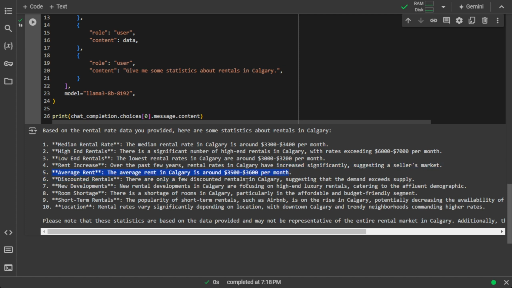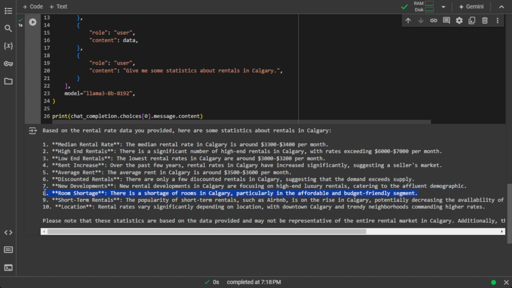Average rent, there you go, that's just math. Discounted rentals, these must be ones where they don't seem to fit the same pricing range as similar properties. Maybe we'll prompt it to talk about that more. New developments are focusing on high. See, is this hallucination? Is this interpretation and opinion? What is this? Room shortage?